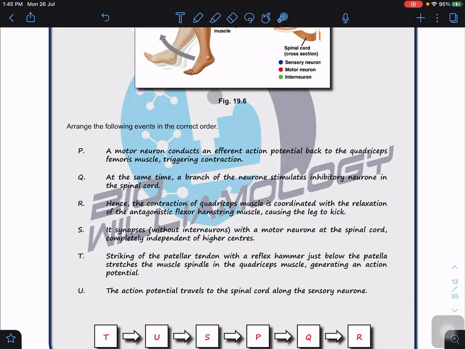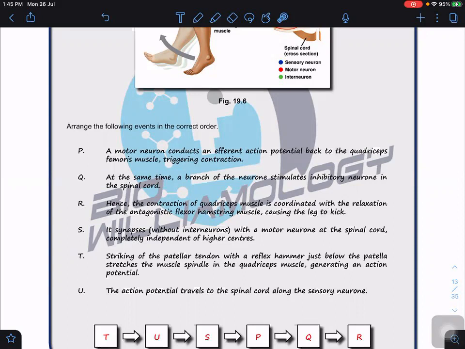It synapses directly with a motor neuron at the spinal cord, so completely independent of higher centers, meaning not involving the brain. And then the motor neuron conducts an efferent action potential back to the quadriceps muscle, triggering the contraction. At the same time, a branch of the neuron stimulates the inhibitory neurons in the spinal cord.